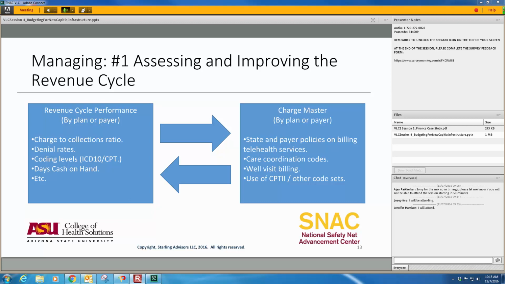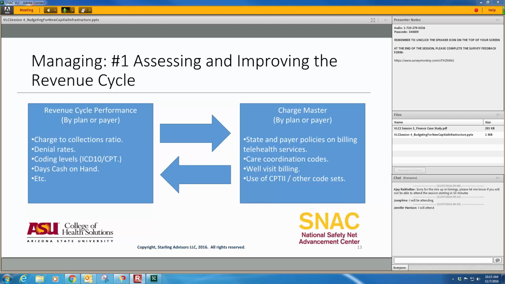Other plans have offered well-visit billing opportunities, and even in high-deductible plans, this is often an opportunity for patients to seek care without having a significant or any out-of-pocket cost. So making sure that you're capitalizing on that opportunity for both your organization and your patient can be financially impactful.